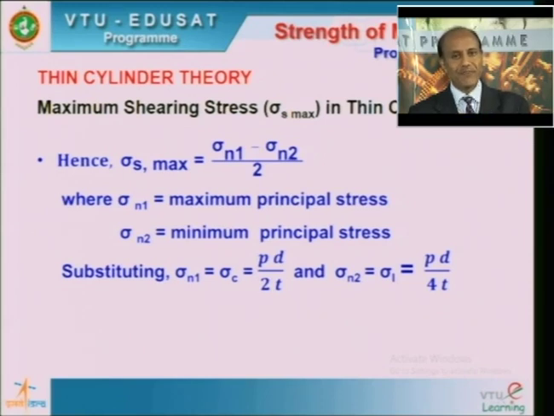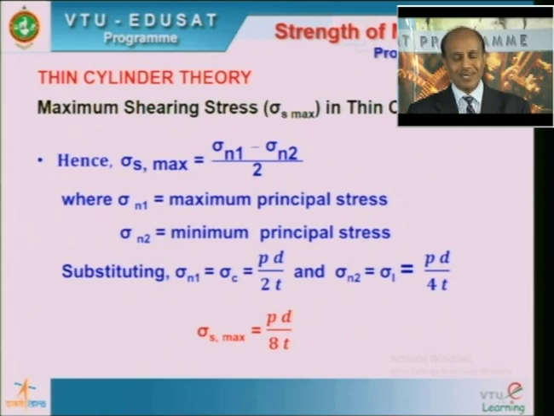You can easily observe that if you deduct PD by 4T from PD by 2T, what you get is PD by 4T, and PD by 4T divided by 2 is PD by 8T, and this is the expression that you need to remember when calculating the maximum shear stress.